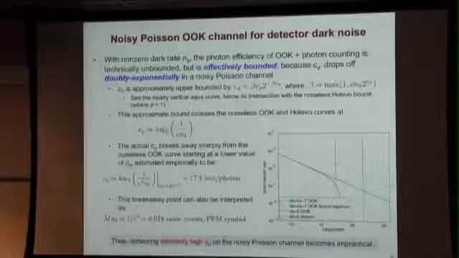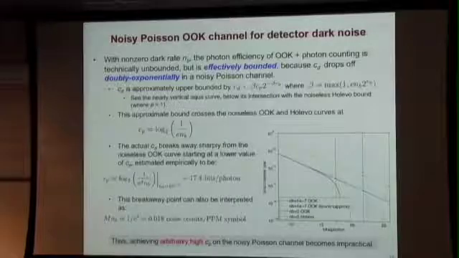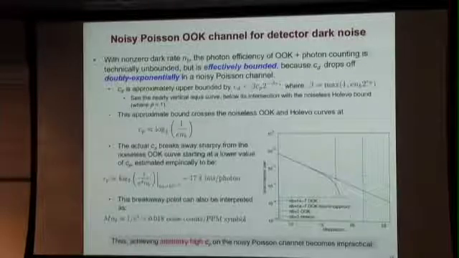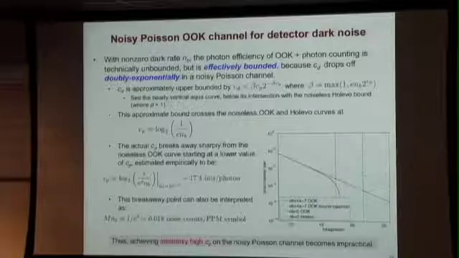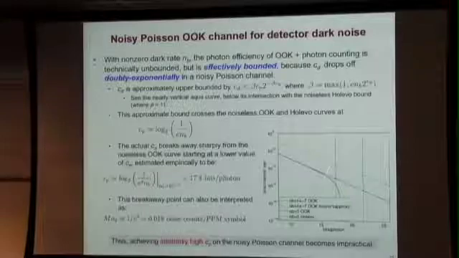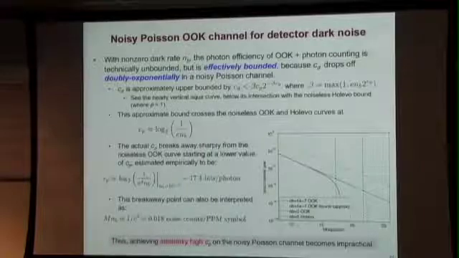On the other hand, it's effectively bounded because it falls off as 2 to the minus something times the photon efficiency, where that constant is itself something times 2 to the photon efficiency. So even though we used to think that this was a brick wall limit, it was just empirically that it fell off so fast. But analytically, it's not, but it's effectively just as bad.